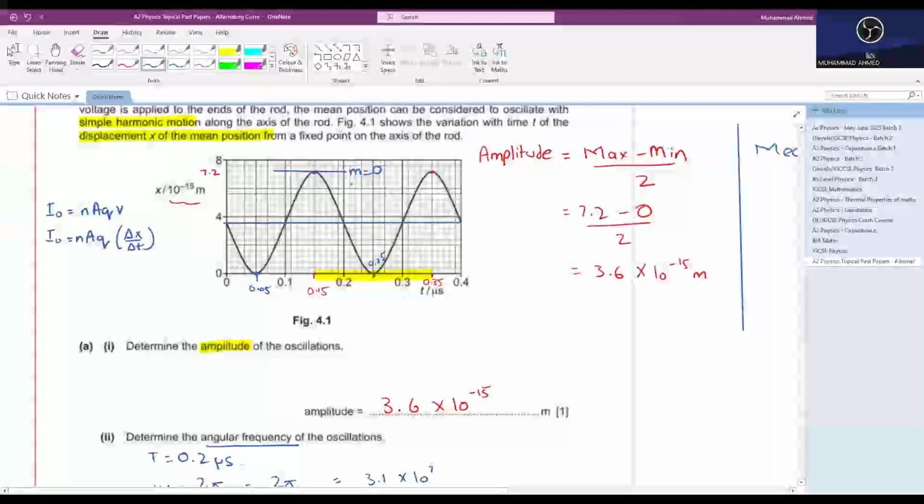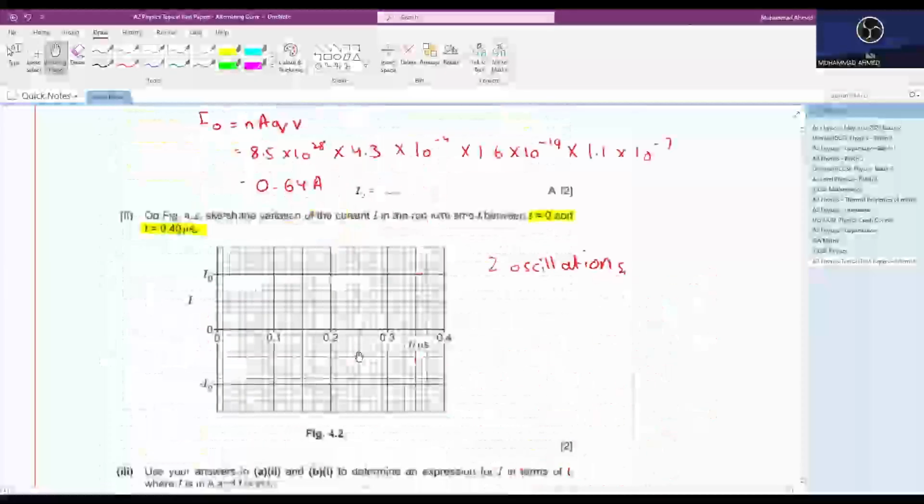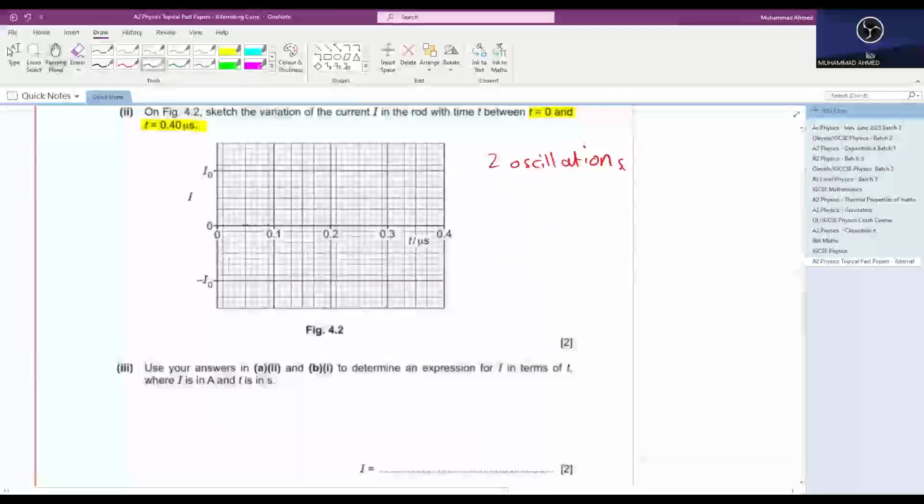If gradient is 0, that means what? Change in x over change in t is equal to 0. That means I will be equal to 0. That means my current at these points 0.05, 0.15, 0.25 and 0.35 is 0. So first of all, let's mark that. I have gotten a very important conclusion here. Here my current will be 0, 0, 0 and 0.